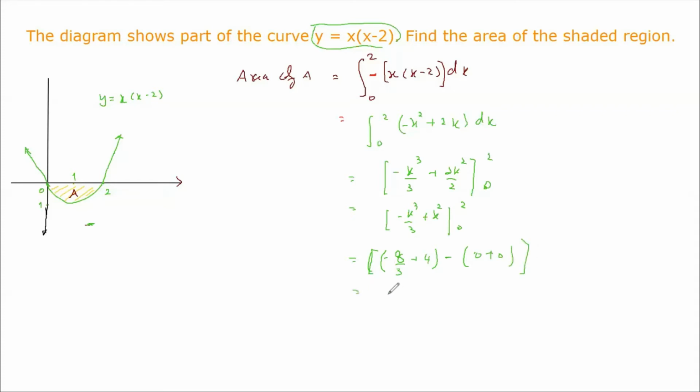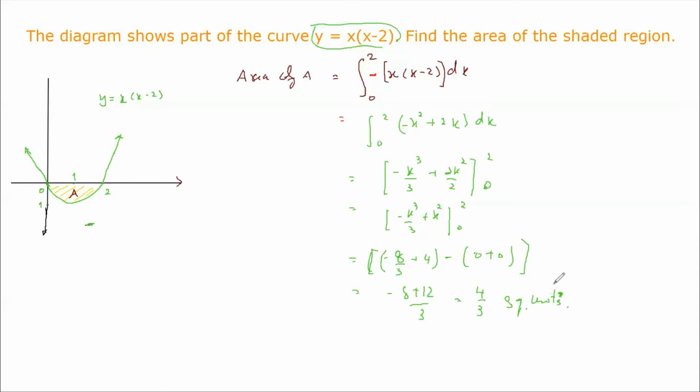So now we have negative 8 plus 12 over 3, which becomes 4 over 3 square units. Oh, okay. Square units. I mean, it should be S here.